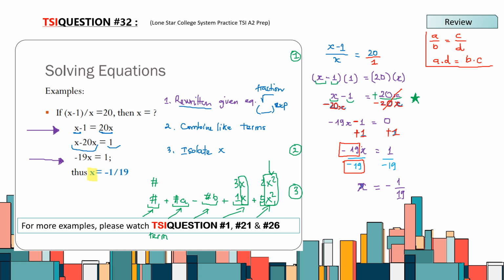Because negative 19 is multiplied by x, so now we do the opposite. We divide both sides by negative 19. Negative 19 divided by negative 19 is 1. 1x is x. x equals, the right hand side, negative 1 over 19.